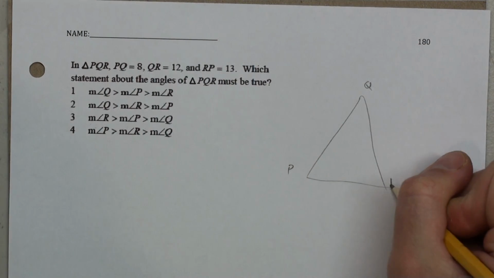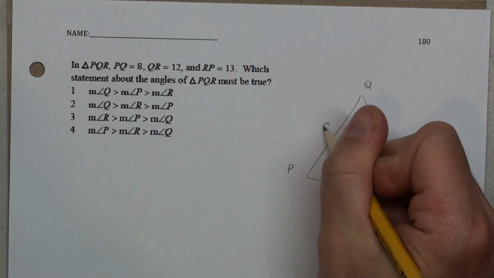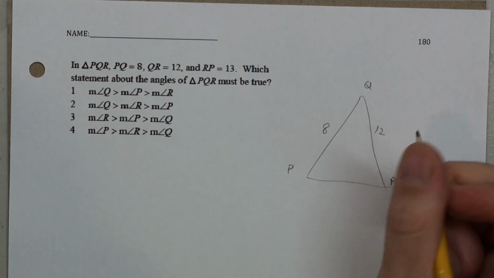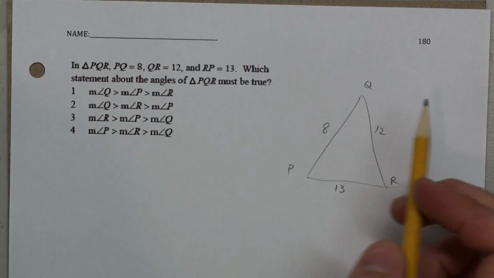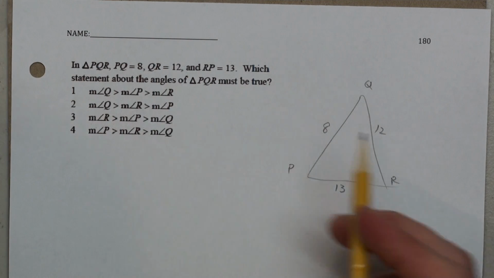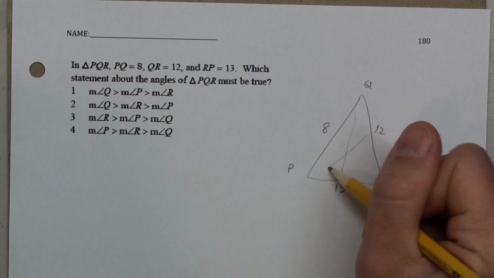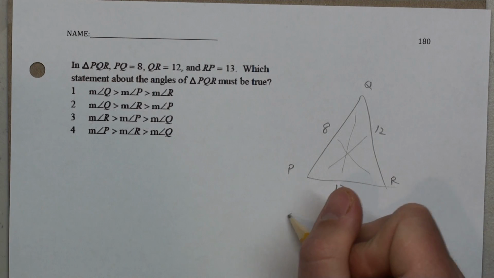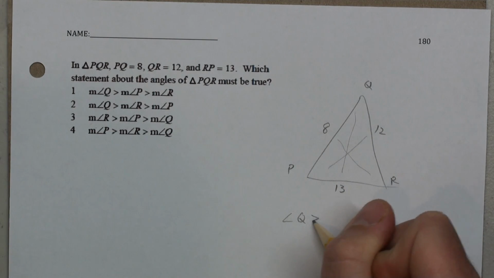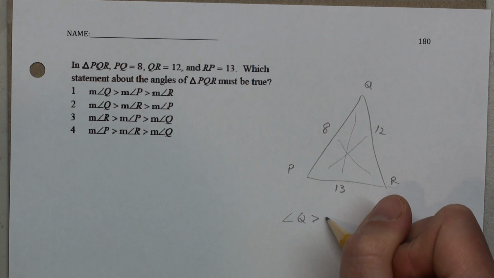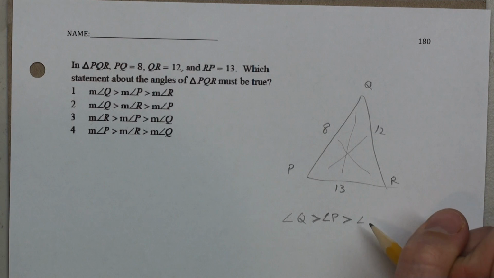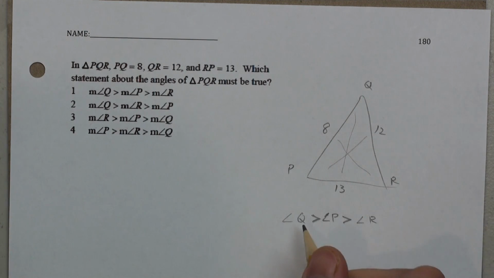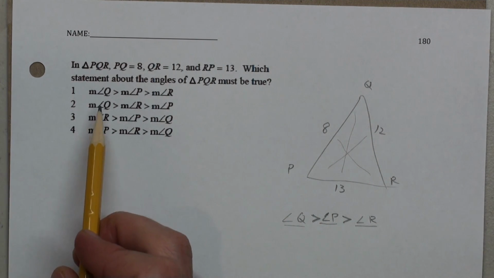P, Q, R. PQ is 8, QR is 12, RP is 13. Which statement about the angles of PQR must be true? So we know angle Q is greater than angle P, which is greater than angle R. So which one says that?